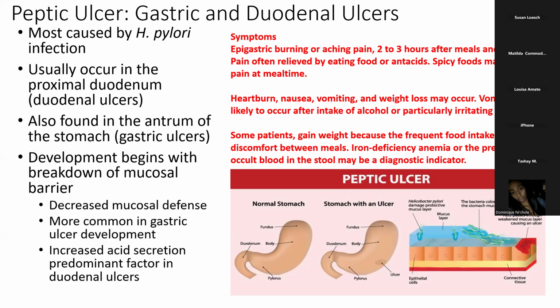They can have weight loss as well. And if they eat something that irritates, like alcohol or food, it could cause them to vomit. And then they can develop iron deficiency anemia here. They can develop B12 deficiency anemia.